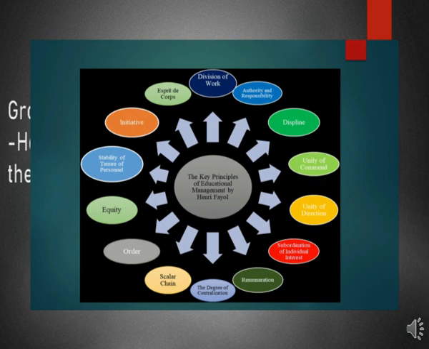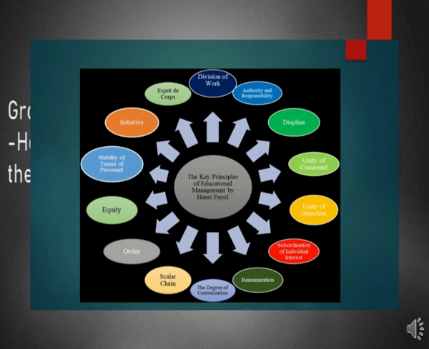Fayol identified 14 principles that can aid in organizational success. These 14 principles of management are what we may call the administrative theory. These include division of work. That means assigning each employee a task that they can become efficient at. Authority.